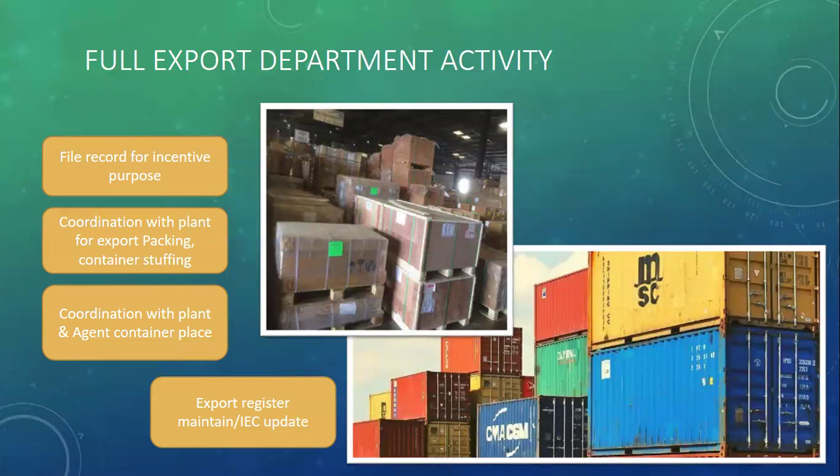At the origin level, all the export activities are done by the freight forwarder. So what will the freight forwarder do? The freight forwarder will arrange the bill of lading for the supplier, and in respect of that, the supplier needs to make payment.